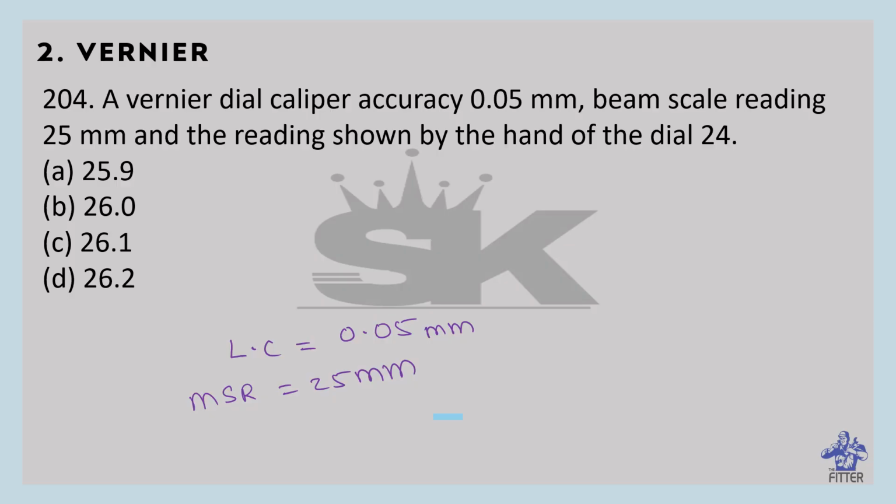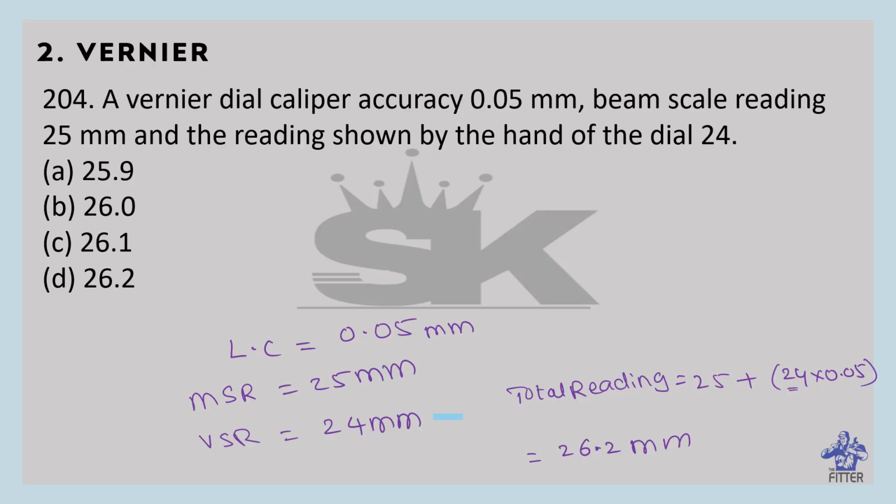Vernier scale reading is 24. The total reading is MSR, that is 25, plus 24 into 0.05, which is the VSR. So it is around 26.2 mm. So option D.